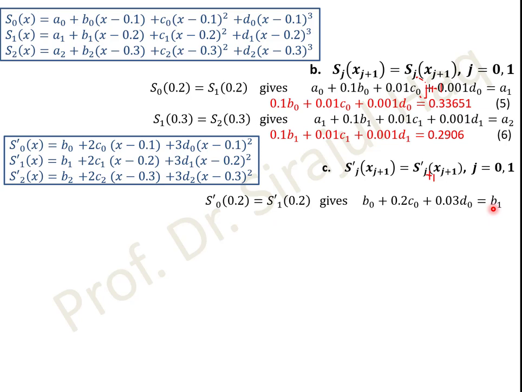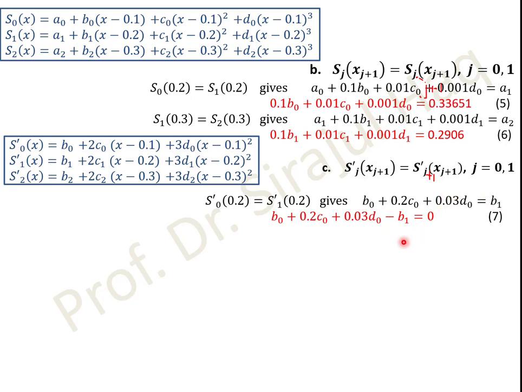And similarly, when you replace x by 0.2, this will become 0.1, this will become 0.1 whole square, and that's the reason you can see B0 plus 0.2 C0 plus 0.03 D0 is equal to B1. And if you rearrange this one, I shifted this B1 to the left hand side, so we got another equation.